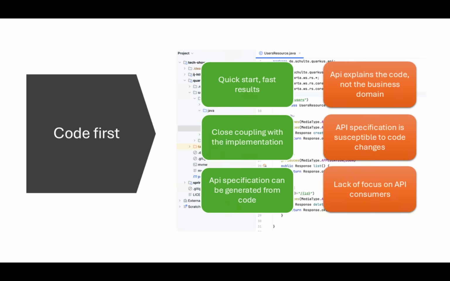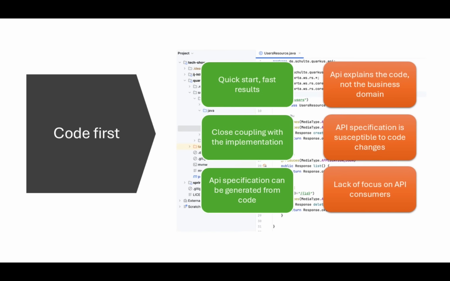Questions such as: is the API intuitive? Is it stable in the long term? Can someone without coding knowledge understand the model? Are often asked too late or not at all. This is a real risk, especially with larger, public, or long-lived APIs, and everyone should ask themselves honestly whether they want to take this risk.